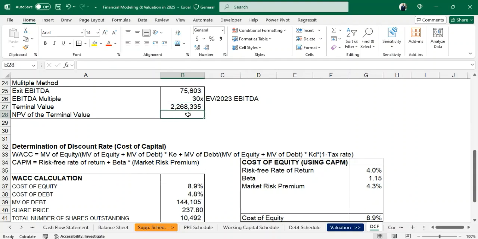And we can find the net present value of the terminal value, which is actually the present value of the terminal value.